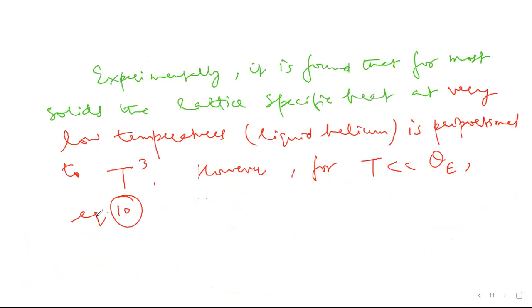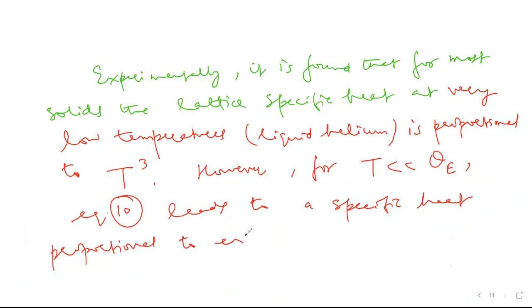Equation 10 leads to a specific heat proportional to exponential minus theta E over T, not proportional to T cube, but proportional to exponential of minus theta E by T. What does that mean?